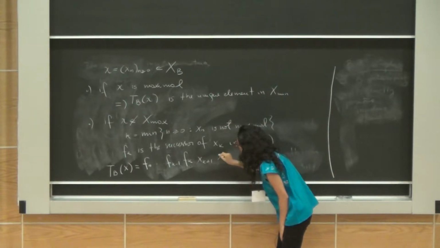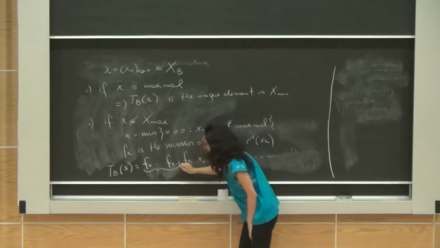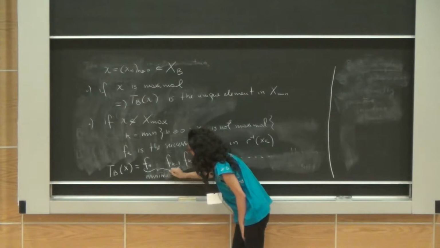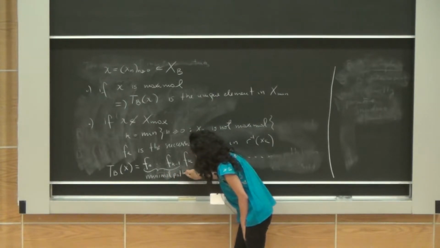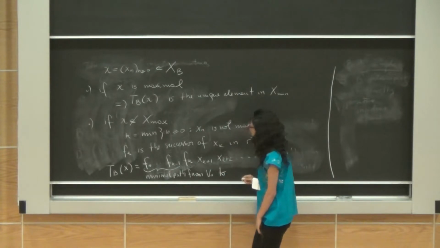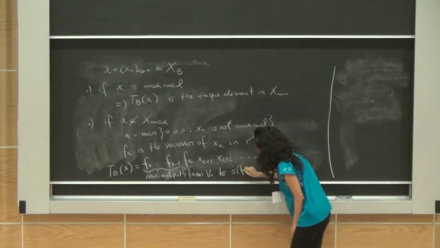xk+1, xk+2, and this is the minimal path from V0 to the source of fk.